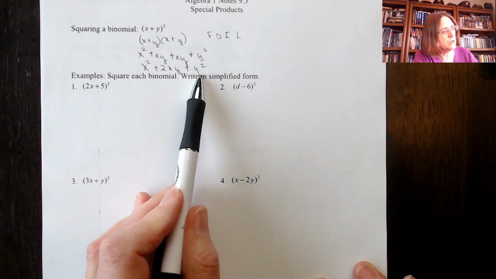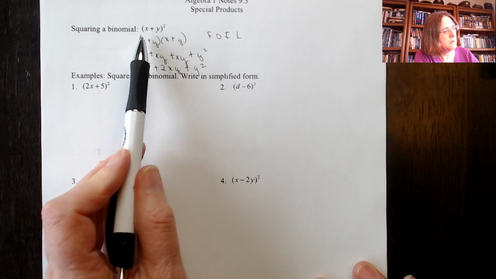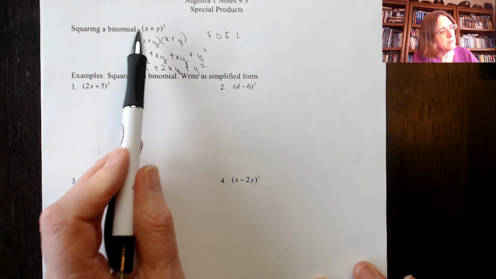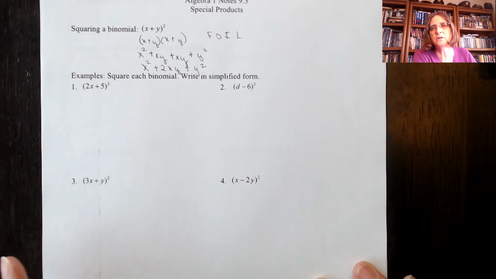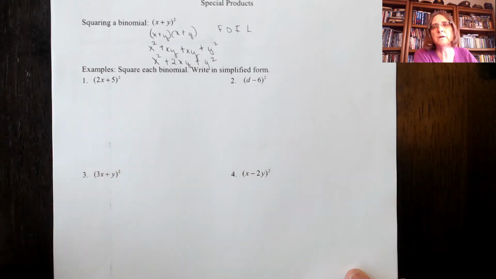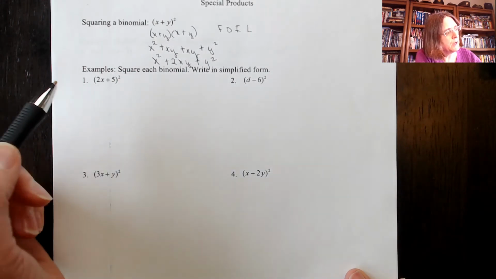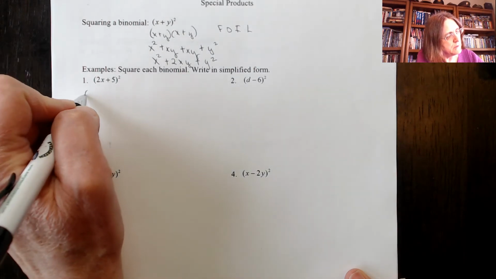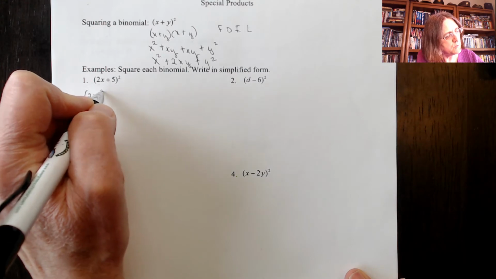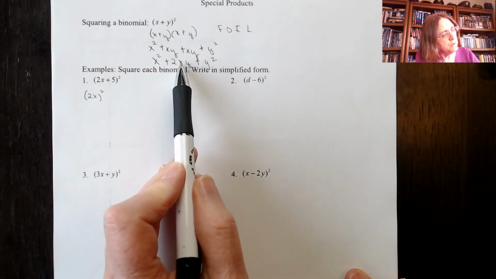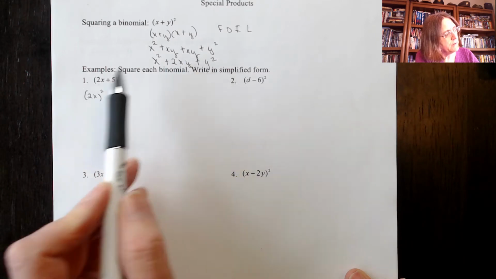The first and last terms are always squared, and the middle term is the first and last terms multiplied together, then times 2. Let's take a look at how that would look with the following examples. We have 2x plus 5 squared. So our first term, the 2x, is going to get squared. So 2x squared. The middle part, there are two of the terms multiplied together.